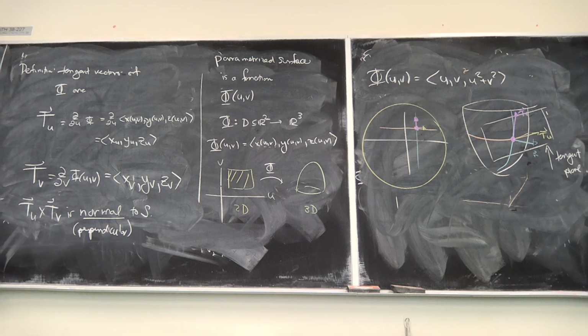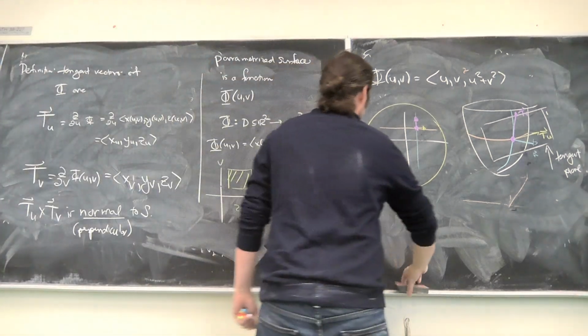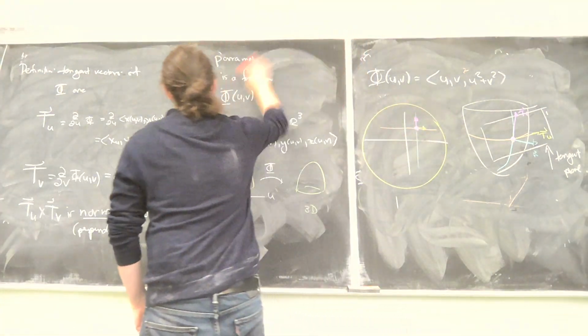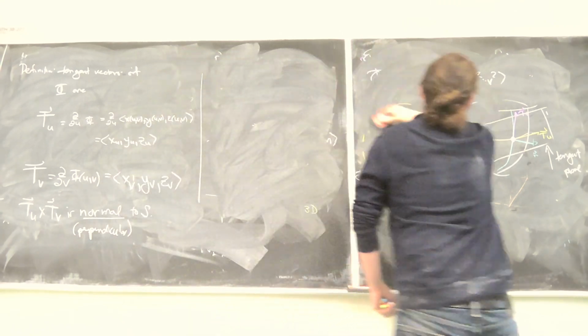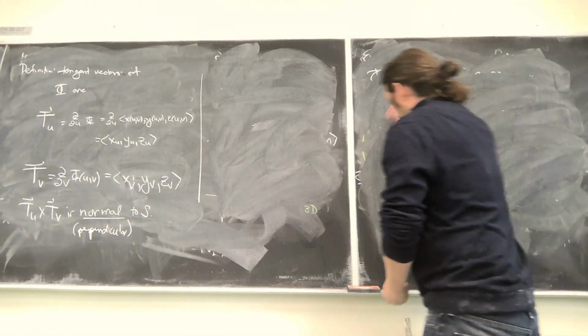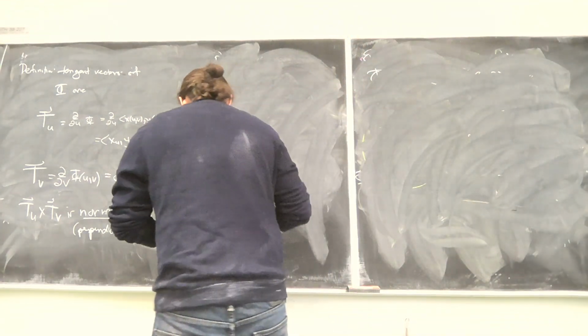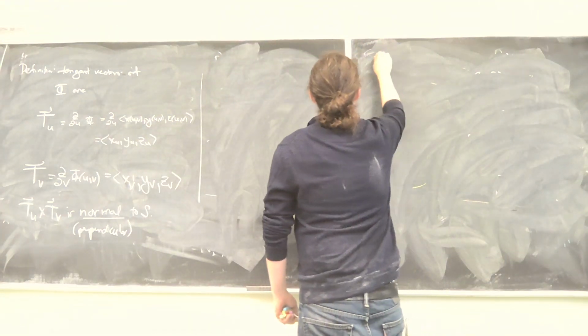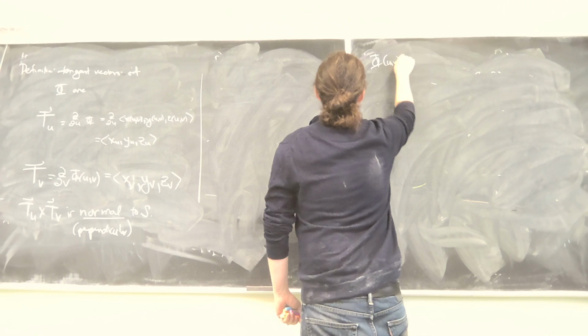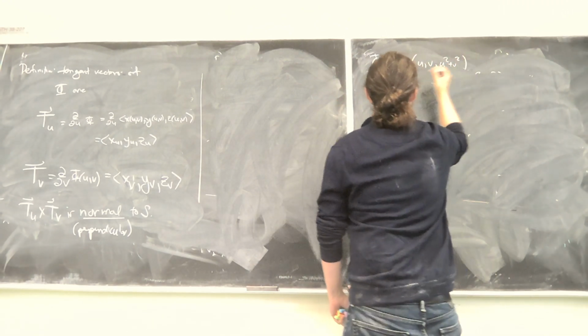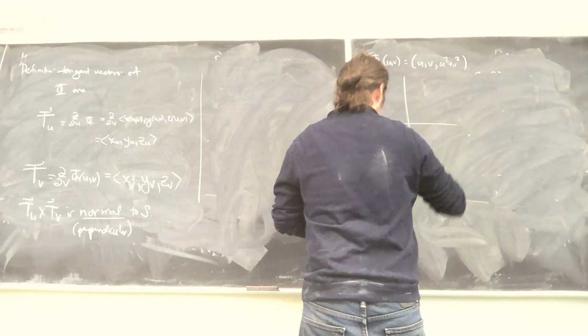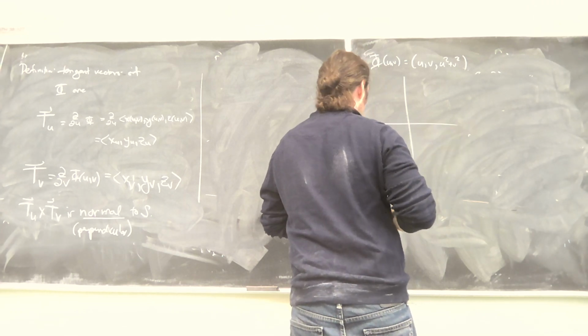All right, so what I want to do is I actually want to plot, or I want to calculate this for the particular map that we've drawn here. And I'm going to point something out. Okay. So phi of u and v is equal to (u, v, u squared plus v squared). We can just suppose that we're sitting over the top of a big enough rectangle to include the part that I'm interested in.